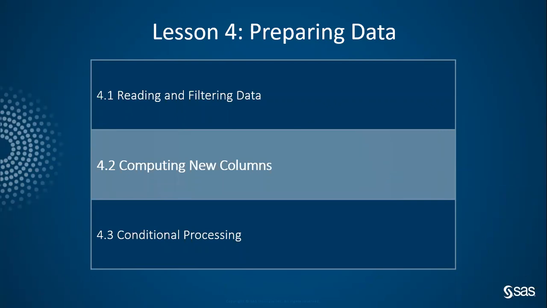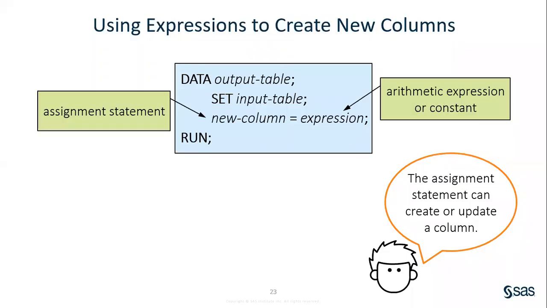Now let's see how one can create a new column in your data step for the new data file. To create a new column, this is the statement you write. This statement is not a SAS statement. As per your syntax, a SAS statement always begins with an identifying keyword and ends with a semicolon. Of course, this statement ends with a semicolon, but it's an expression.